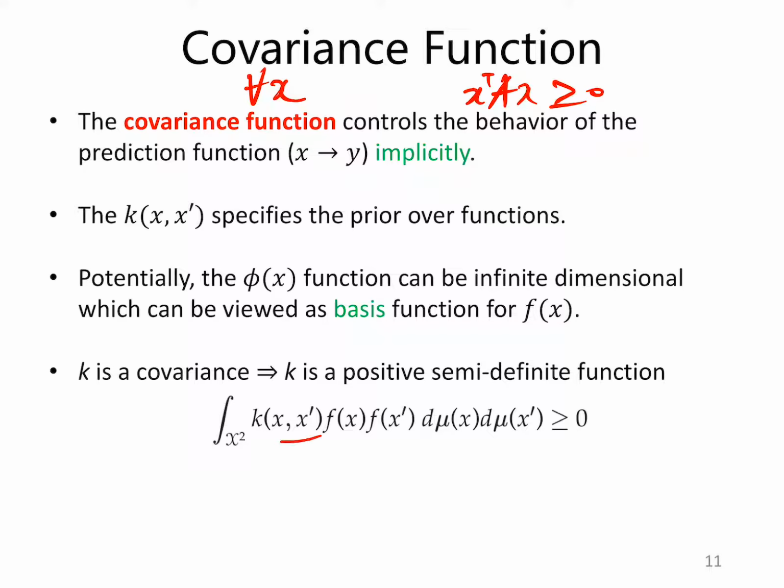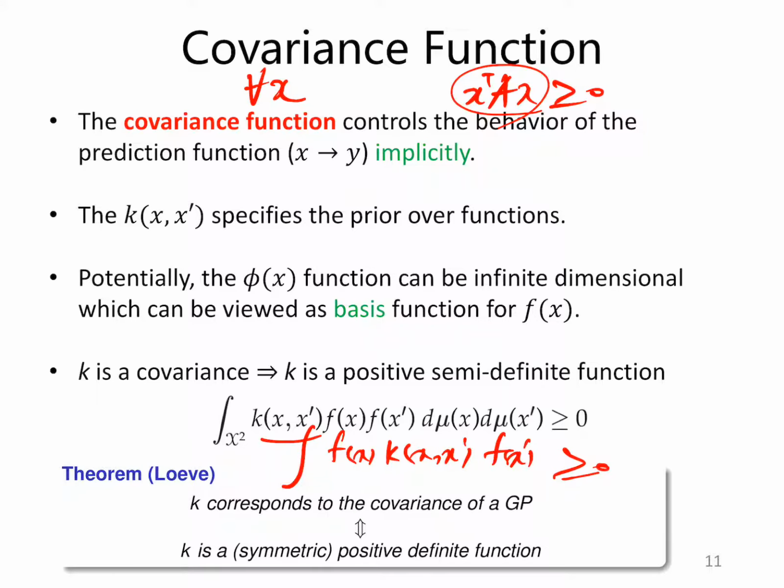You can think of this as an integration. There is a sum involved in the matrix-vector product. You can replace it with an integration, and basically you can write it as the integral of f(x) k(x, x') f(x') over x and x', which should be non-negative. If you come up with a function that satisfies this property, here you go, you have your own space.